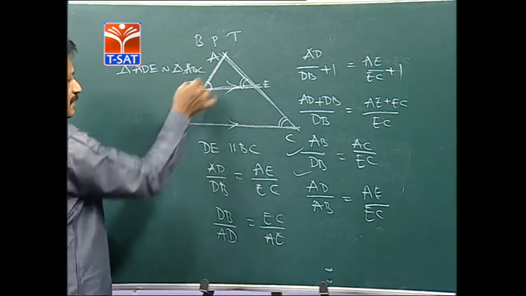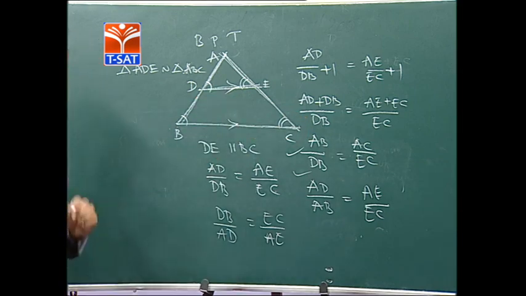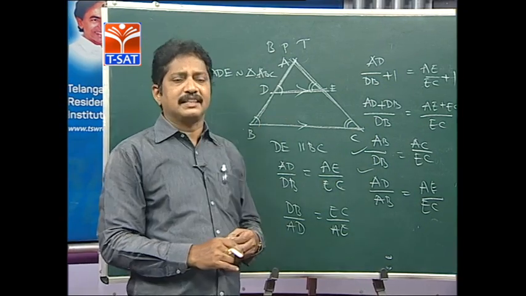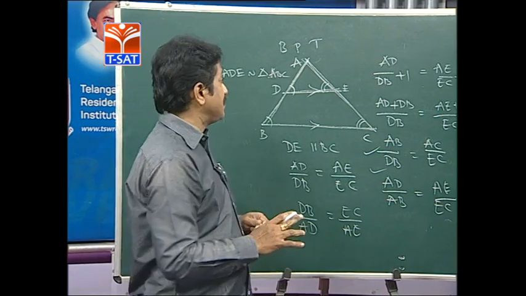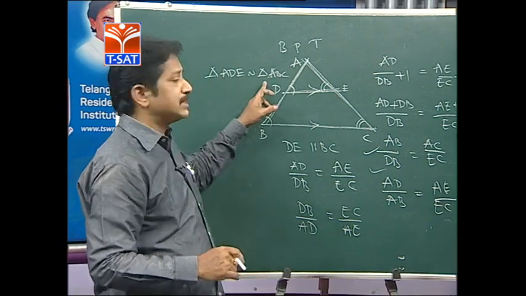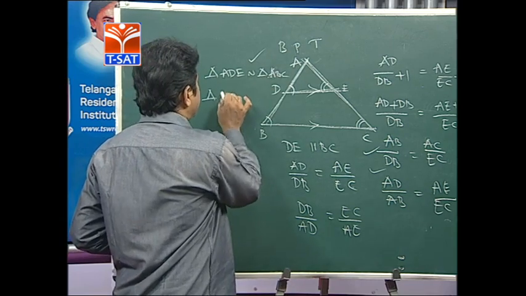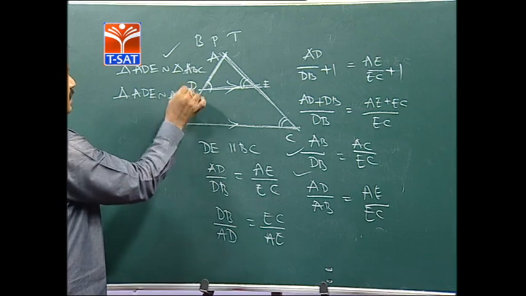Then AD by AB is equal to AE by AC is equal to DE by BC. This is very important. The most important thing for the similarity of triangles is the naming of the triangle. Triangle ADE is similar to triangle ABC, this is correct. Triangle ADE is similar to triangle ACB, this is wrong.